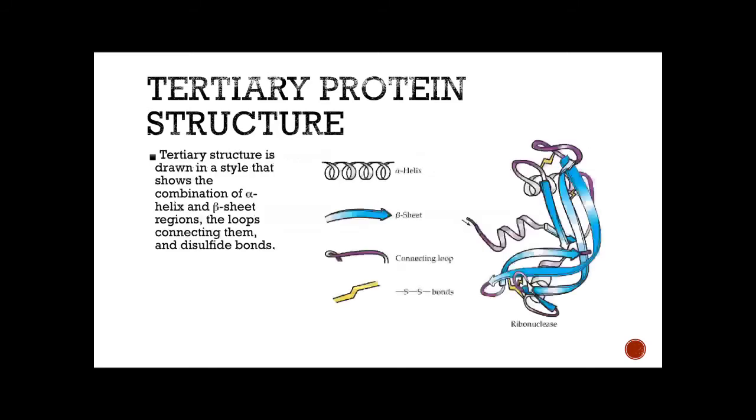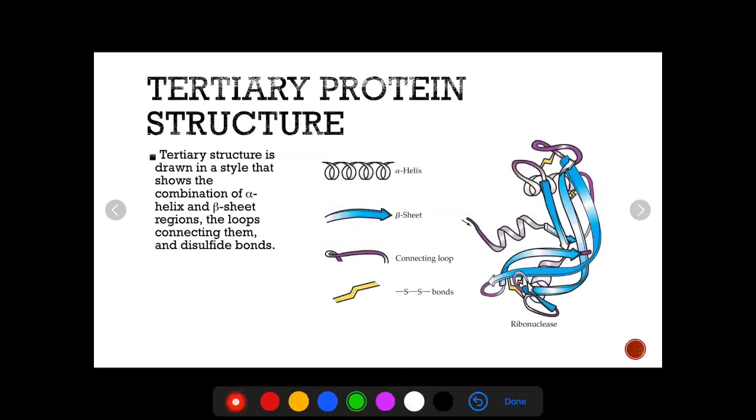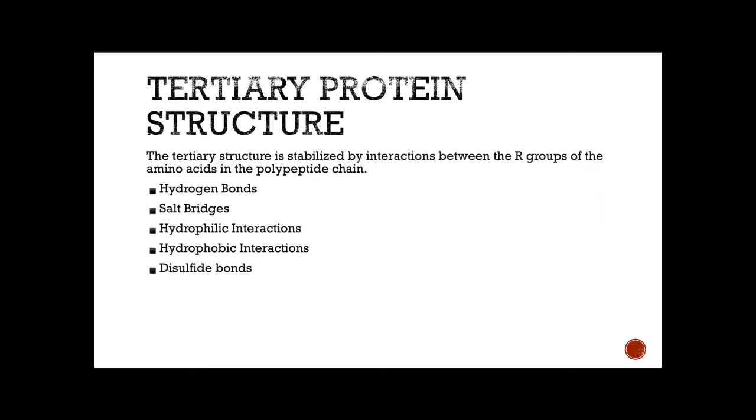So here's a look at a tertiary protein structure, ribonuclease, and you can see it has a mixture of alpha helix, beta sheet, connecting loops, and disulfide bonds. All of those are involved in stabilizing this tertiary structure. So we're going to look specifically at what interactions are taking place.